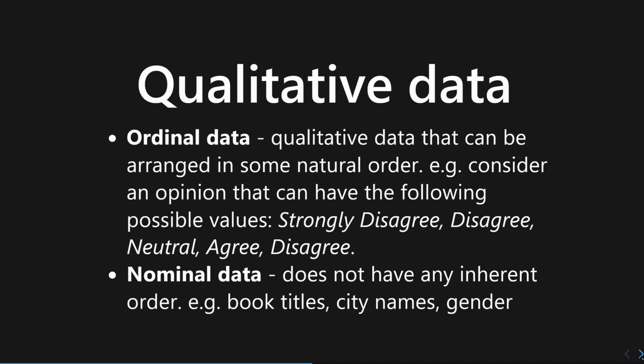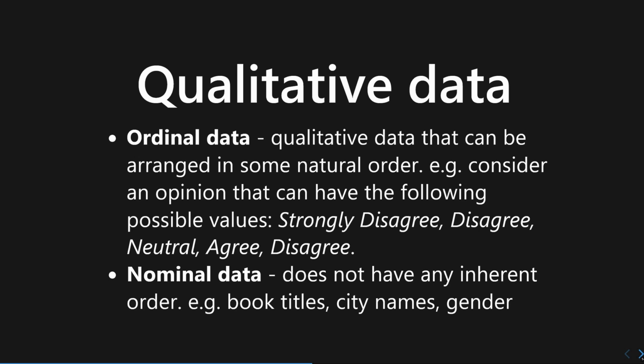And qualitative data can be ordinal or nominal. Qualitative data that can be arranged in some natural order is ordinal data. The mnemonic for that would be ordinal, or order. An example of that would be some kind of opinion.